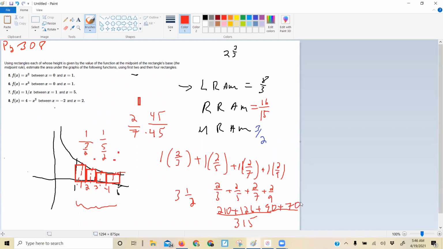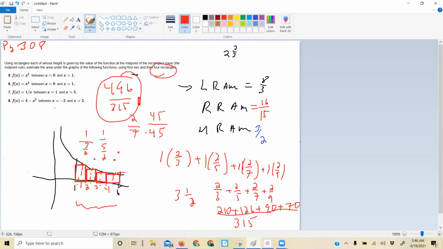So if we add all those numbers up, 210 plus 126 plus 90 plus 70 gives me 496. So for 4 rectangles using the midpoint rule, I'm getting 496 over 315.